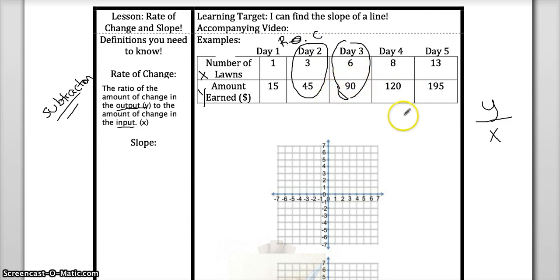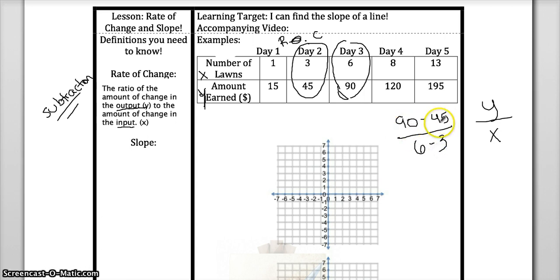So I need to do 90 take away 45, because I already decided that these are my y's. This is my output, and I'm doing 90 take away 45 so I can stay in positive numbers. I'm going to keep my fraction bar, and then I need to do the difference of my x's. So 6 take away 3.